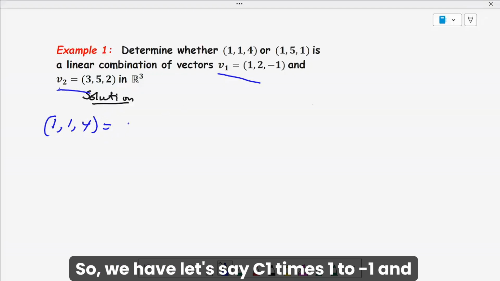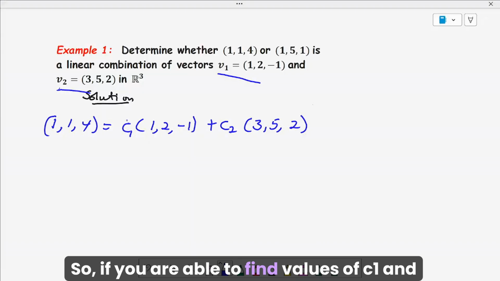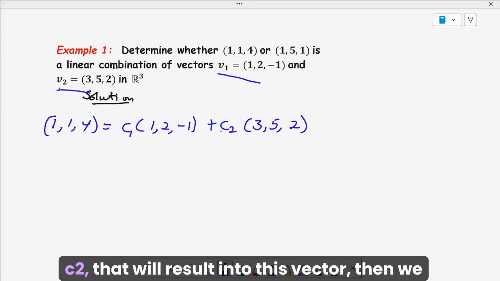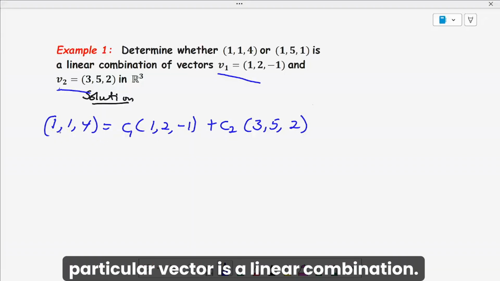So we have c1 times 1, 2, -1, plus c2 times 3, 5, 2. If we are able to find values of c1 and c2 that will result in this vector, then we are going to say that this particular vector is a linear combination.